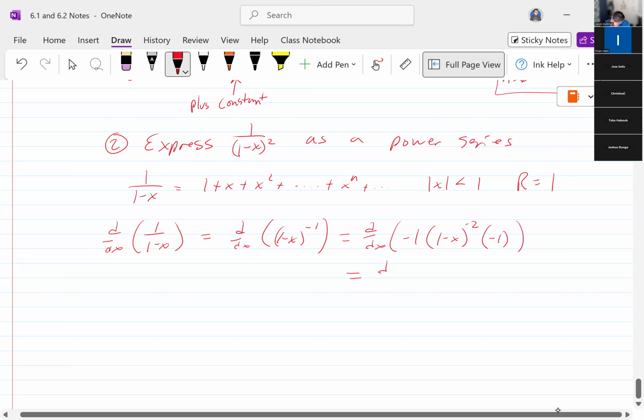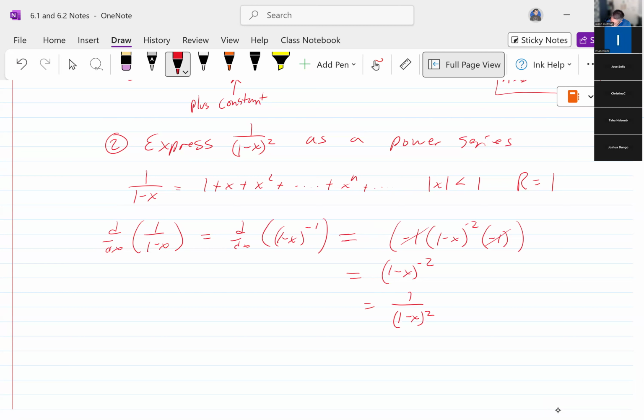So the negative 1's cancel, and this is going to be equal to 1 minus x to the negative 2 power, which is 1 over 1 minus x squared. So we know the derivative of 1 over 1 minus x is the function that I'm looking for.